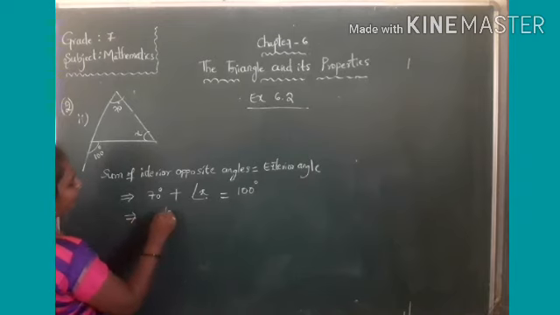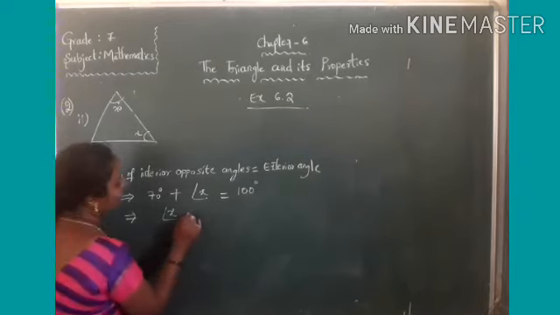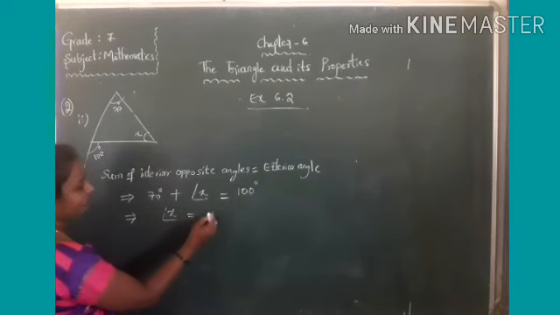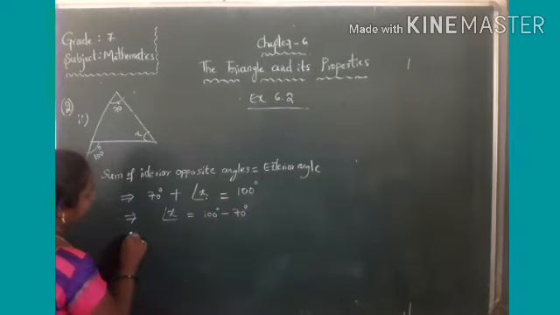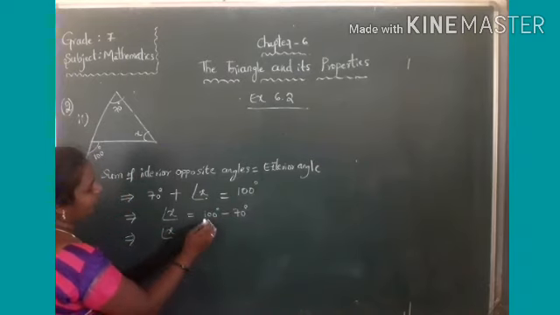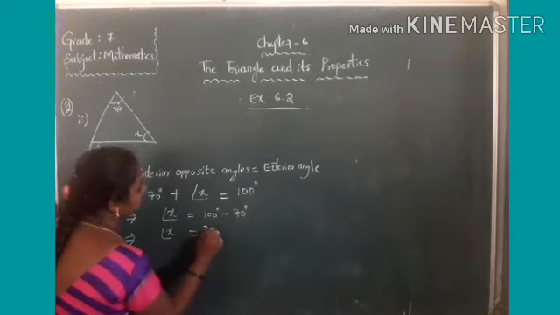Now we have to find the unknown value, that is angle x. So we have to transpose 70 degrees. It becomes minus 70 degrees. Angle x is equal to 100 minus 70 degrees, 30 degrees.